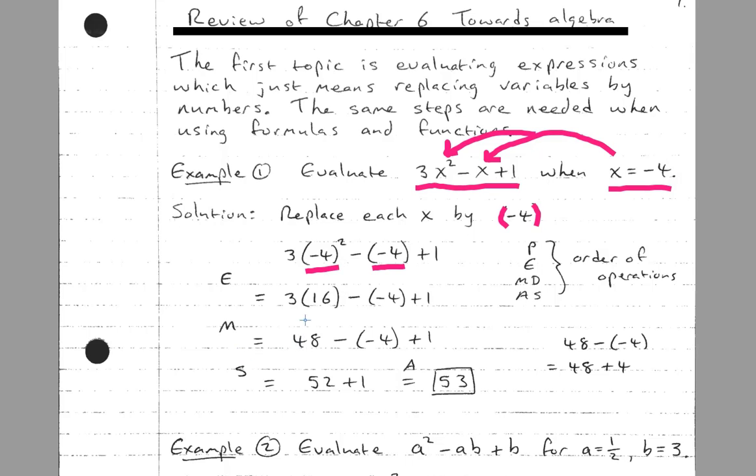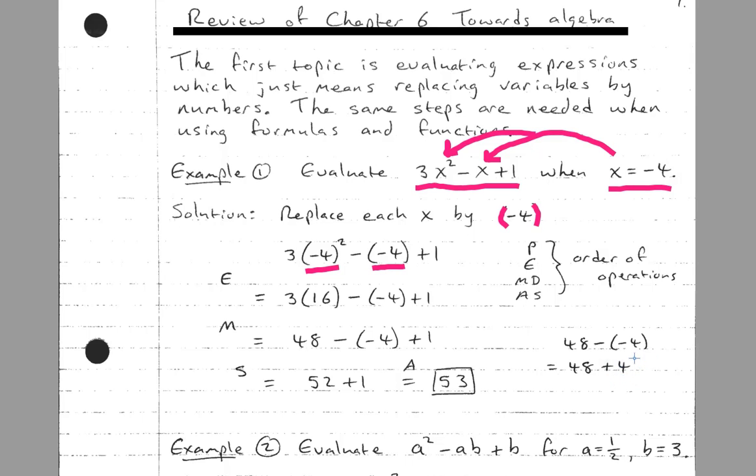Okay, next take care of the multiplication. So 3 times 16 is 48. What's left? Well, we still have a subtraction and an addition. The subtraction's on the left, so do that first. 48 minus -4. We did that over here, so remember, subtracting a number is the same as adding its opposite.